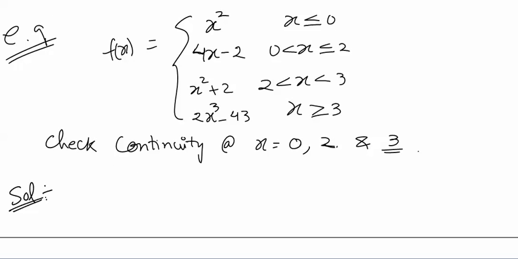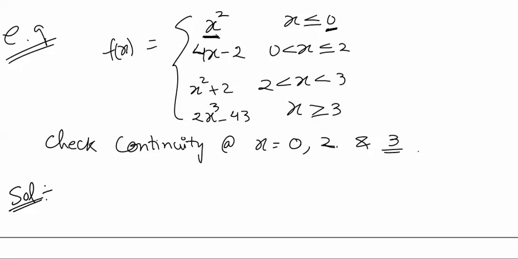So I know that the left hand limit, that means the value less than 0, and the right hand limit, the value greater than 0, and the function value at 0 should be the same. Now for less than 0 and equal to 0, we'll take the function value as x square and substitute x equal to 0.